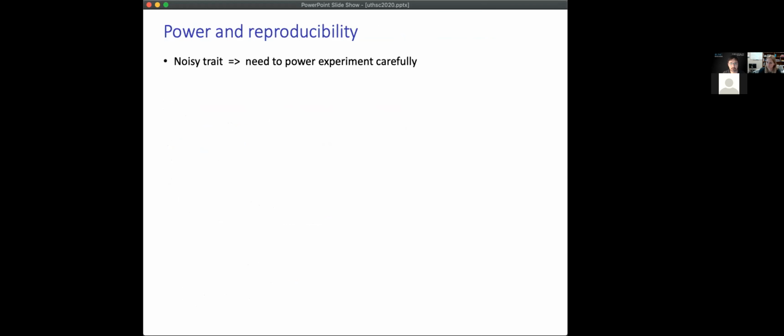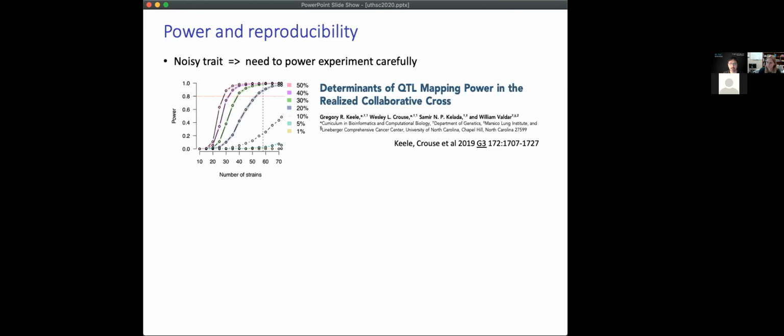So that means you need to power your experiment carefully, and something that we did fairly recently, well, last year, was really do a deep dive on, okay, if you're going to use the collaborative cross for these kinds of experiments, really for any experiment, and especially if you're going to use it for QTL mapping, you really need some numbers on how many replicates do I need in order to get good power.